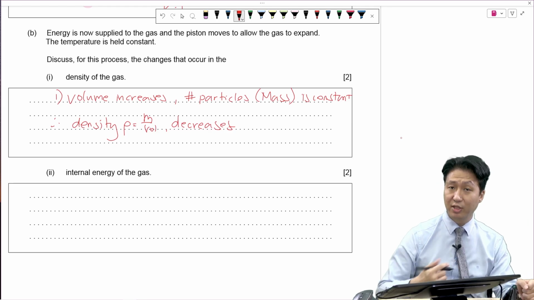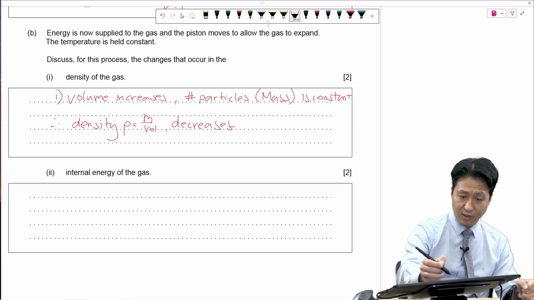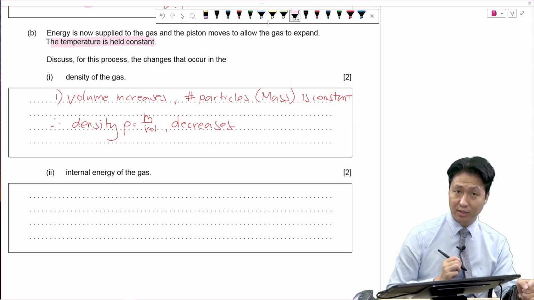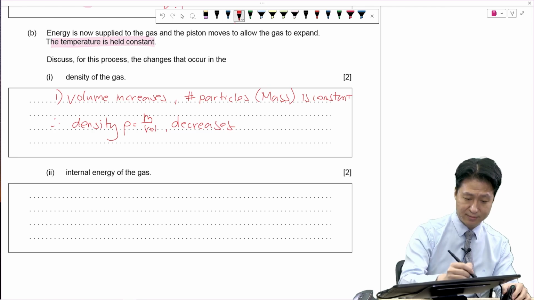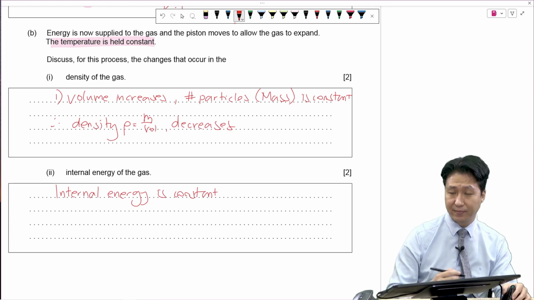Part two, what about the internal energy of the gas? First, the temperature is held constant, which means the internal energy is constant. Now let me show you why.